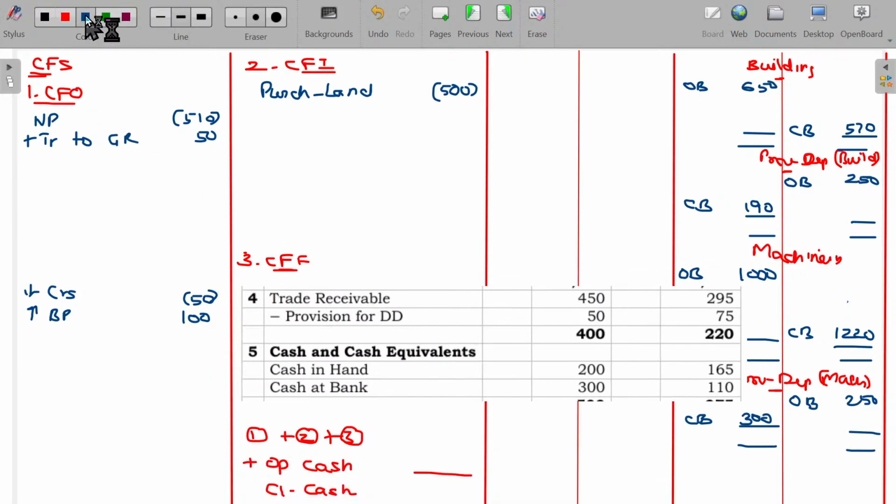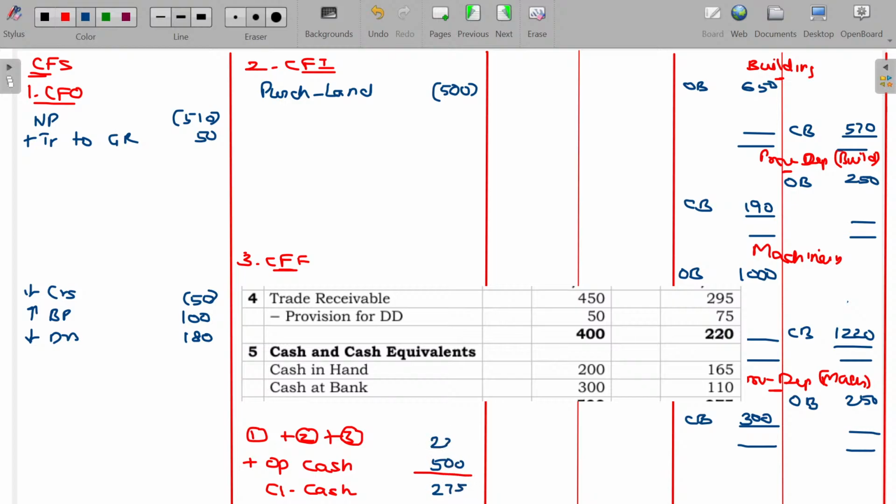See, when there is provision for doubtful debts, skip it and take the balance only 400 and 220. So decrease in debtors. Decrease in debtors is nothing but you encashed it. So you are getting the money. What is the value? 180, you get this money. Cash in hand and bank 200 plus 300, 500 in the beginning. 165, 110, 275 in the end.